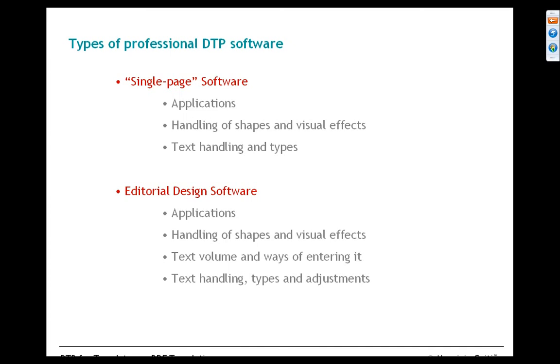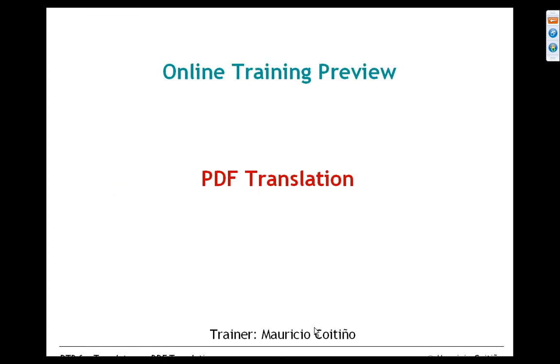Because remember, we will be, as translators, dealing with the linguistic parts, and we don't want to mess things up in the graphics area. Okay, so this will be a very important thing when we deal with specialized software, which is not familiar for us.